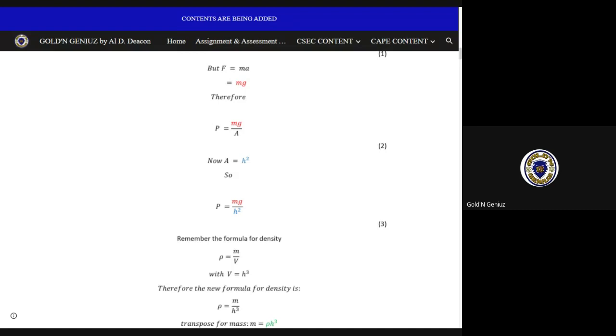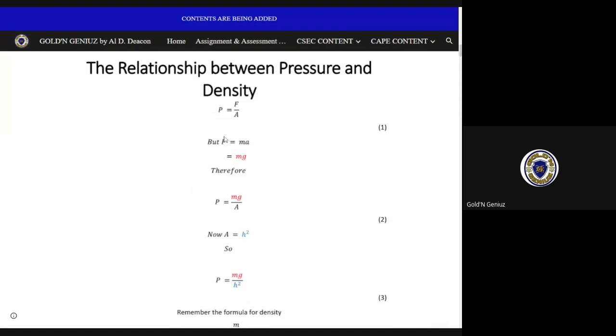Go to the poll. So I am saying P equal F divided by A, but F is equal to mg. So where I have F, I replace it with mg.